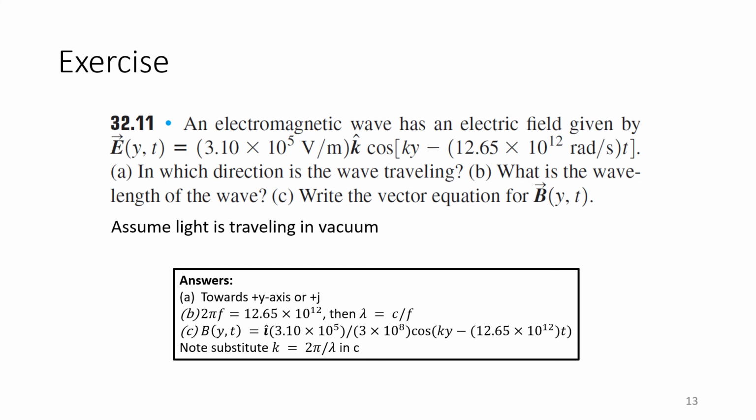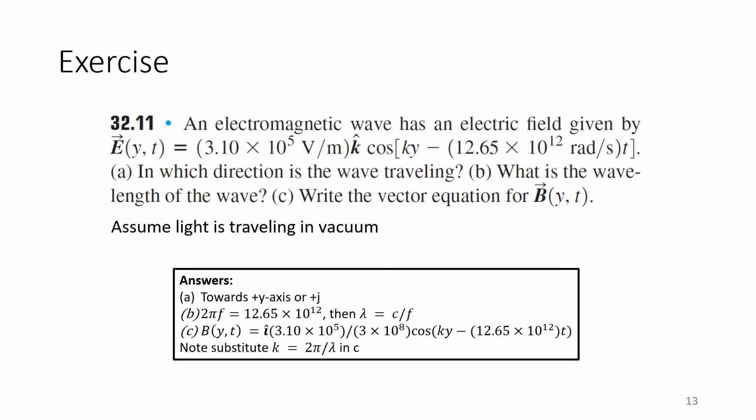A simple check using the right-hand rule or cyclic permutation leads us to a magnetic field B that points in the positive x direction. We get the magnitude B max from the relationship that E is equal to c times B. So B max is just equal to E max divided by c. And from there, we just copy the cosine argument of the electric field, and then you already have your expression for the magnetic field.